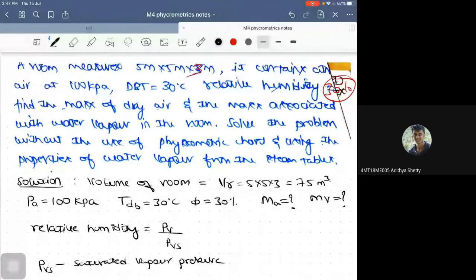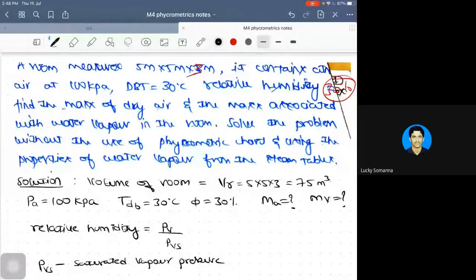Saturated vapor pressure corresponds to what? Whether it corresponds to dry bulb temperature or dew point temperature. Waiting for your answer, guys.